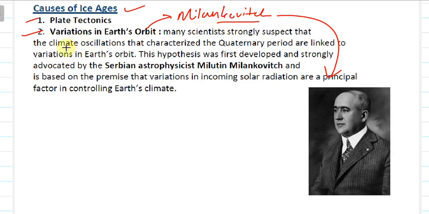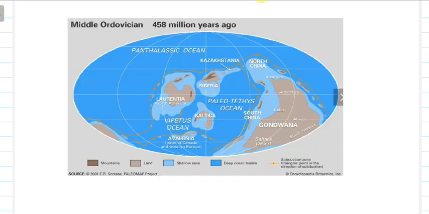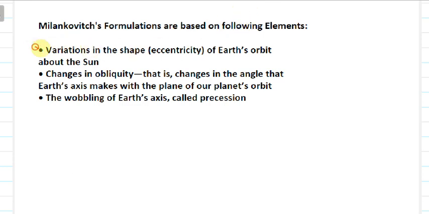Coming to the main topic, that is your Milankovitch cycle. Milankovitch cycles are basically changes in the shape of the Earth's orbit, or changes in the obliquity, that is the angle of the Earth's axis. Due to that the Earth receives different rates of radiation from the sun, and due to that you have climate change.